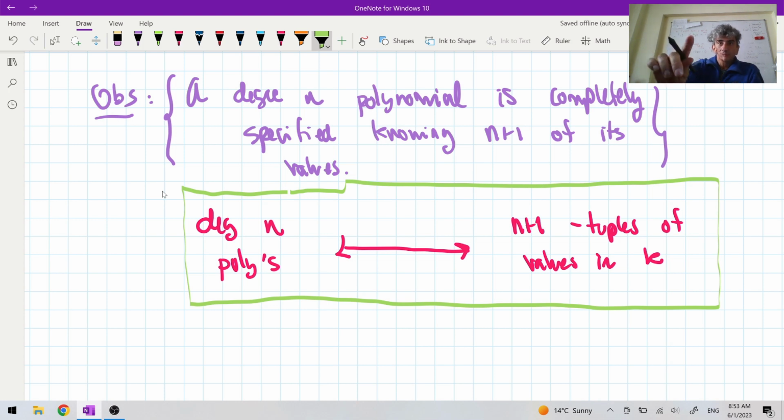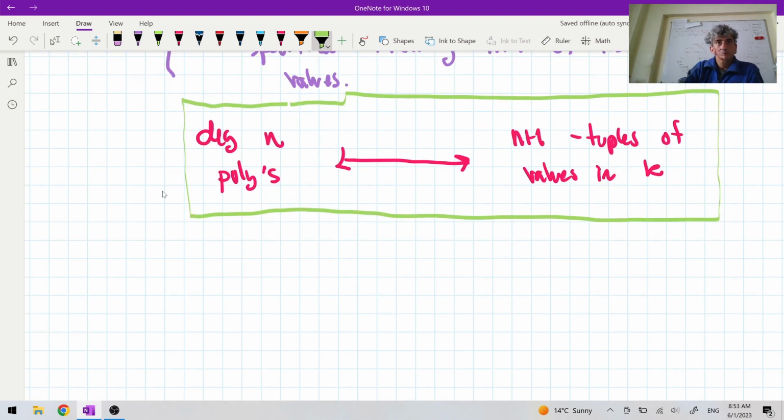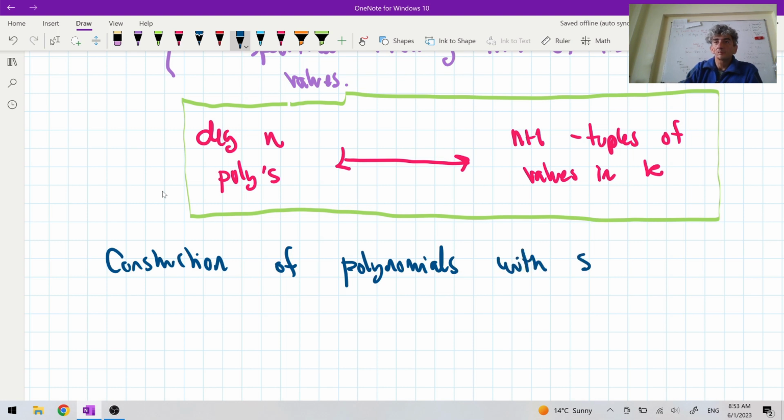In this fashion, we're going to peek into something which is basic for us, which is construction of polynomials with specific target values.